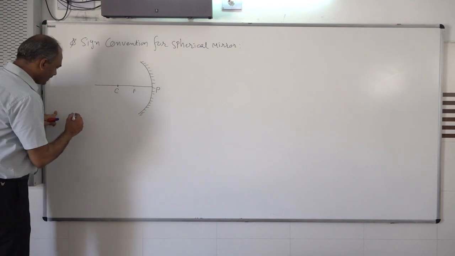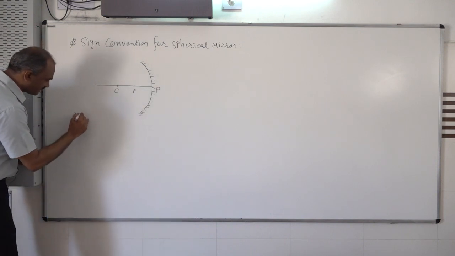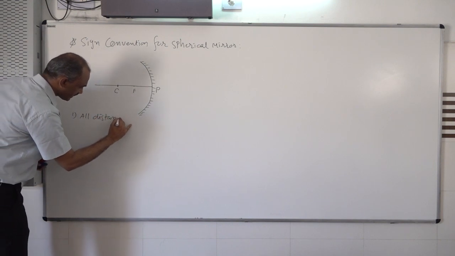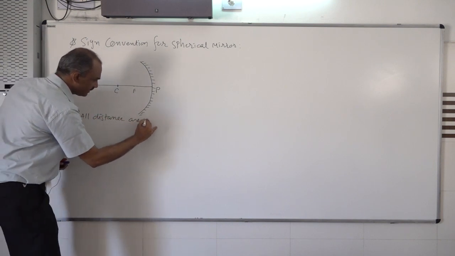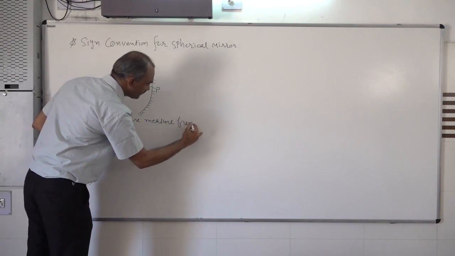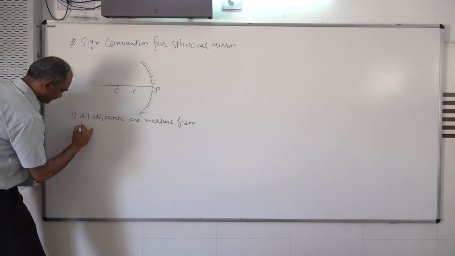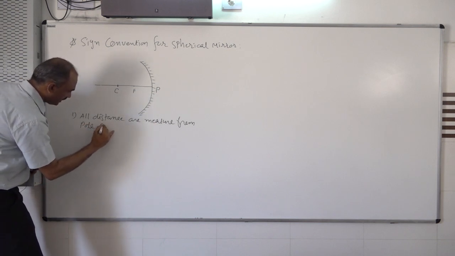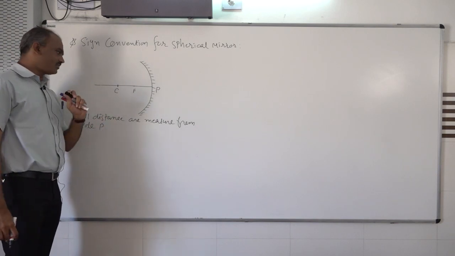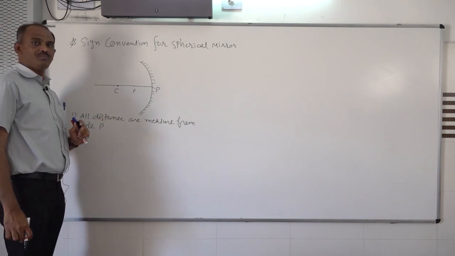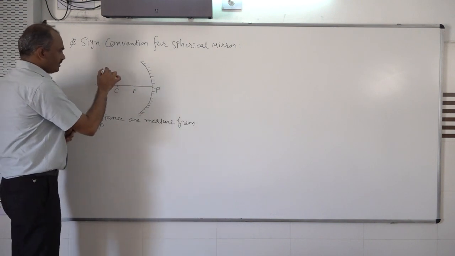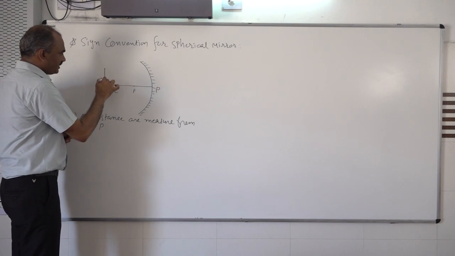The very first point for the sign convention is that all distances are measured from the pole P. Now here we place an object, for example.